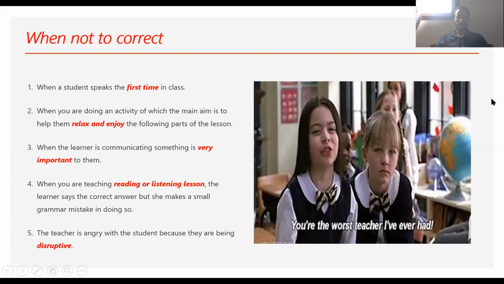When a student speaks the first time in class, when you are doing an activity of which the main aim is to help them relax and enjoy the following parts of the lesson, when the learner is communicating something very important to them, when you are teaching reading or listening, the reader says the correct answer, but makes a small grammar mistake in doing so. The teacher is angry with the student because they are being disruptive. Good.